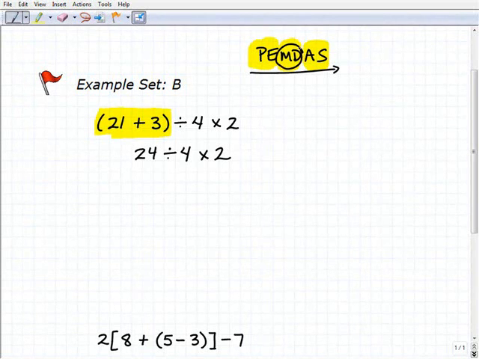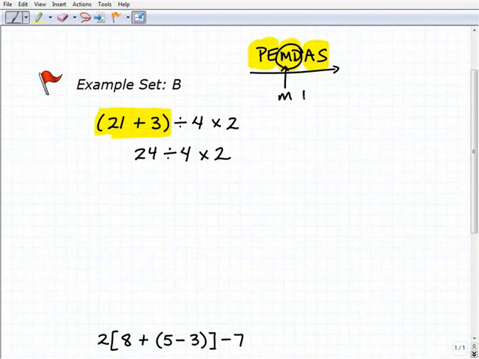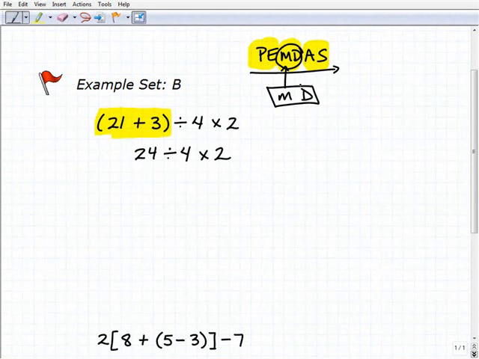So here's a common place where students get confused. They think, oh, I have to do multiplication always before division because it's the first letter in the same PEMDAS. No, that's incorrect. It's whatever you see first, so from left to right. So you really could write PEMDAS as, if you wanted to, just to make the point, you could write it this way.